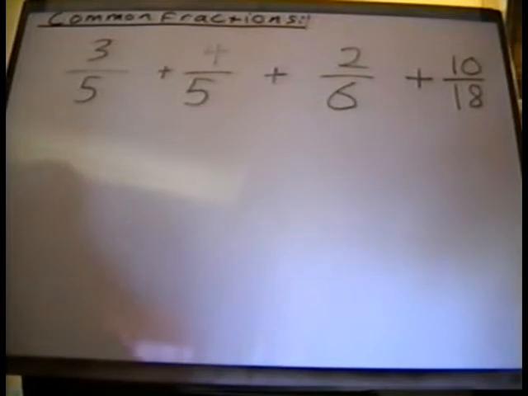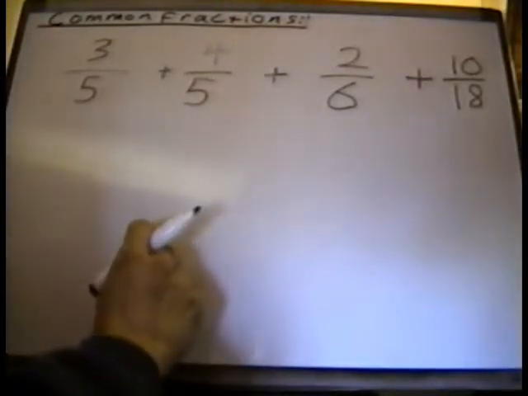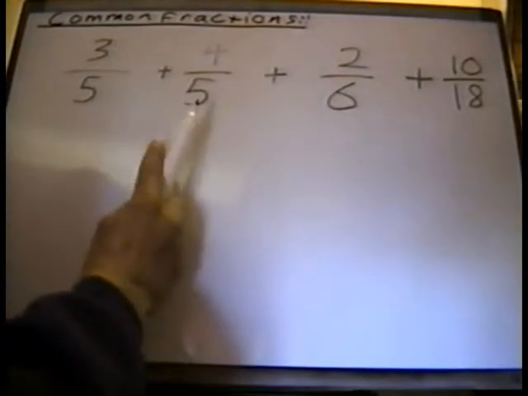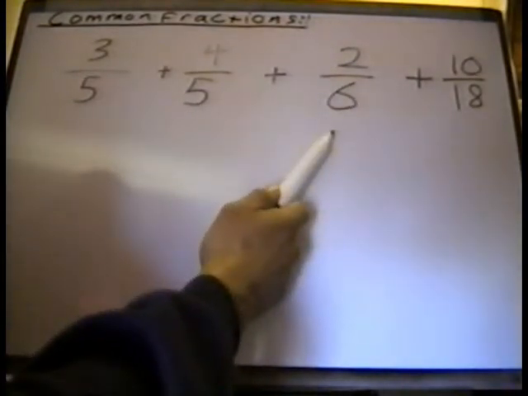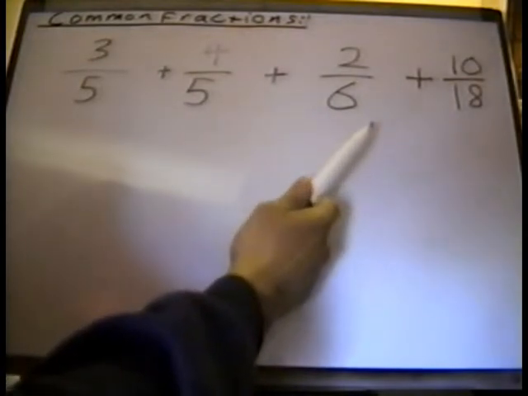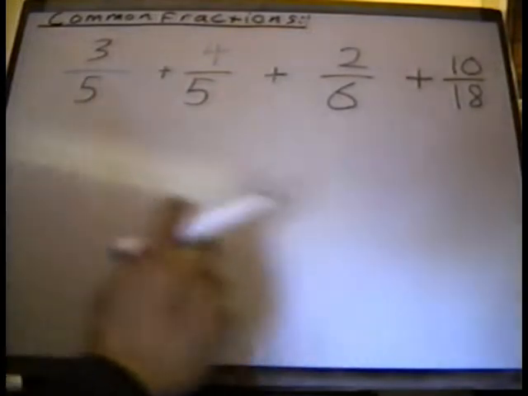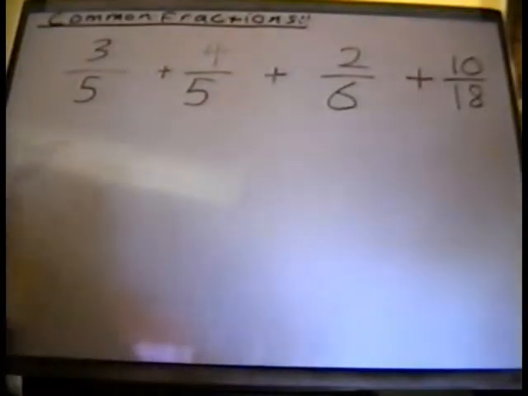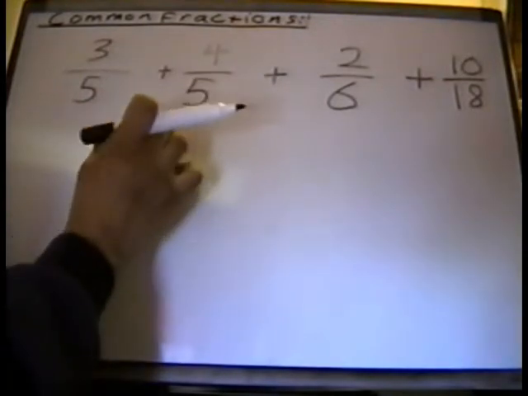Okay, now we want to try this addition. We're adding 4 fractions: 3/5 plus 4/5 plus 2/6 plus 10/18. Now it's obvious here. First, we can add these two together.